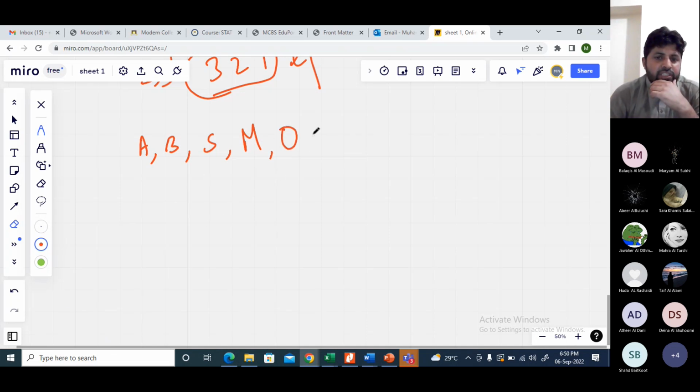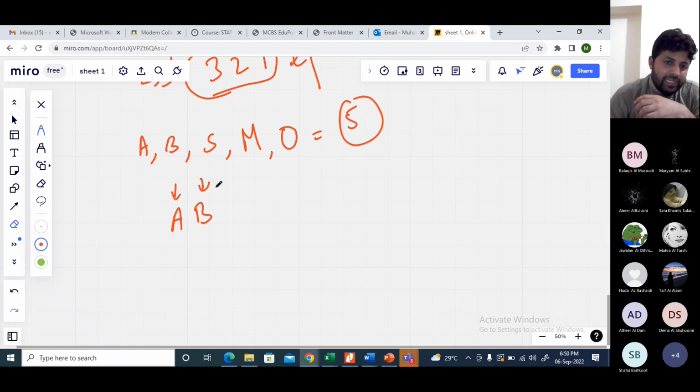So in case of these, the total number of fruits is 5, and we have to select any 2 fruits out of these. So for example, we first select apple and then we select banana, and then we put them in the machine.